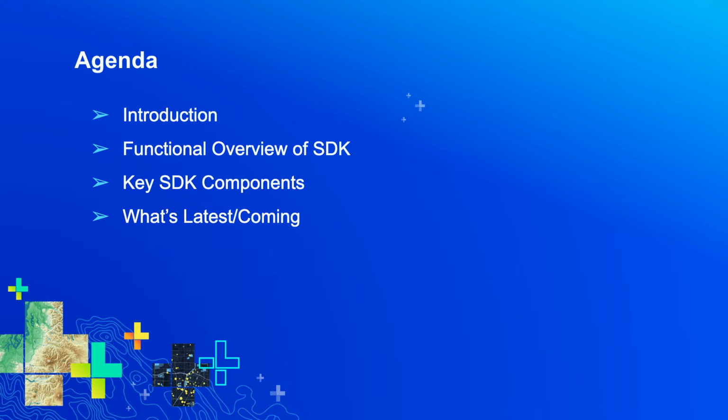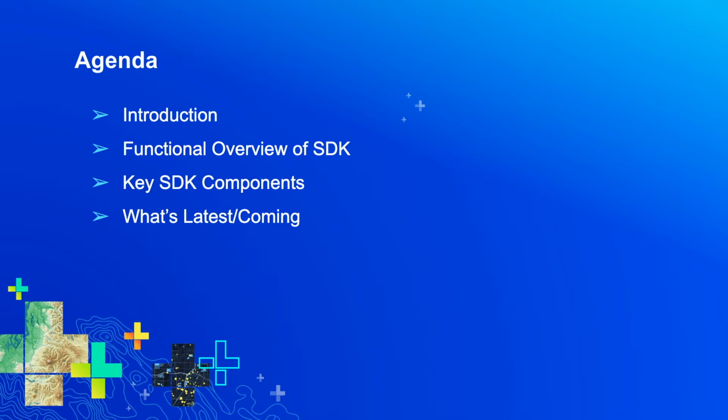We probably will not have time to go through all of them. So what we planned is we will probably go through some open source apps and then explain some of the key components that the SDK has. And then finally, we'll talk about some of the latest features that we have and maybe a slide about what's coming in future.